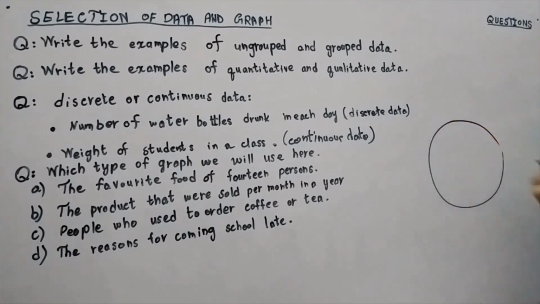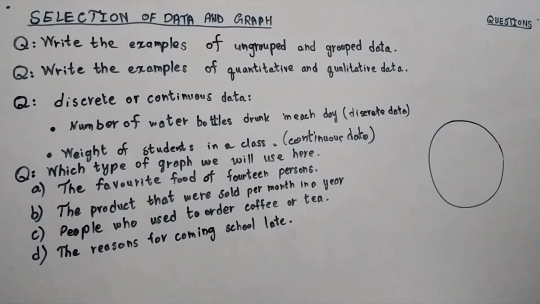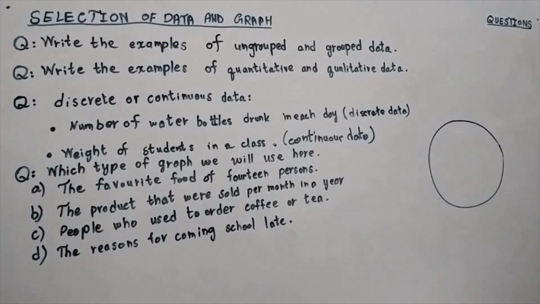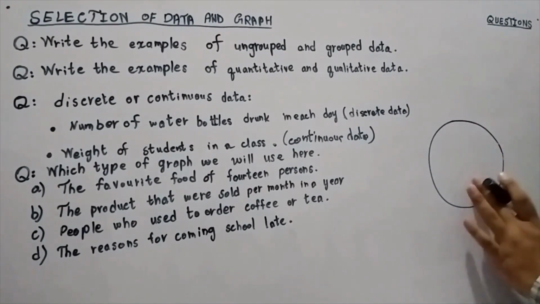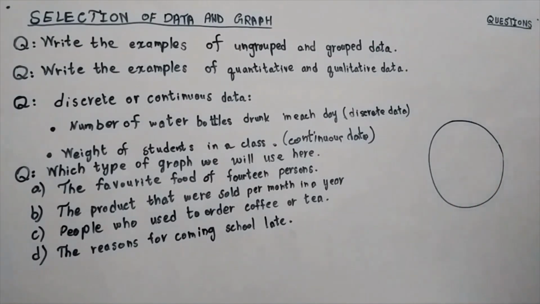If you draw a pie chart here, you can actually compare the different types of food, and you can compare which one is favorite among the different foods. Here you want to compare, because you have to find the favorite food, so you compare the different foods.